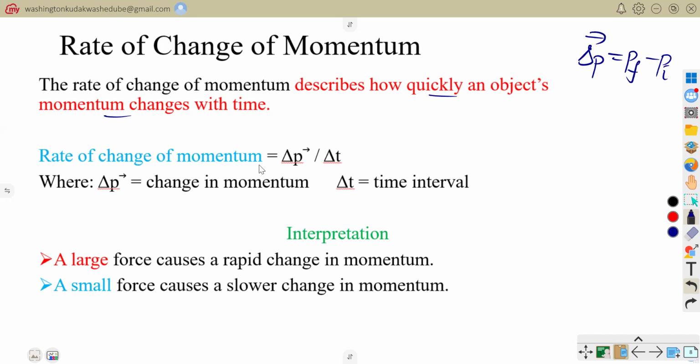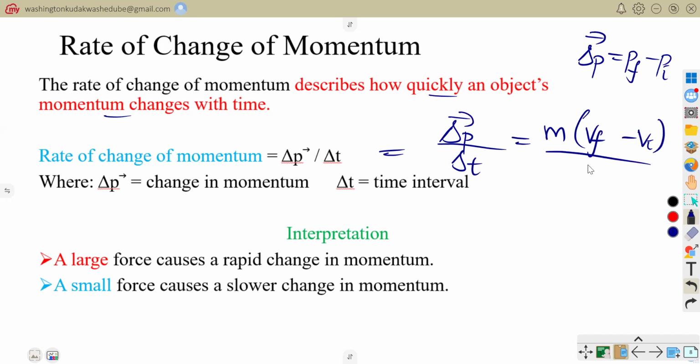So the rate of change of momentum can be given by the change in momentum over the time taken to change that momentum. This simply becomes mass times final velocity minus initial velocity, all over the time taken to change that momentum. That becomes our rate of change of momentum.